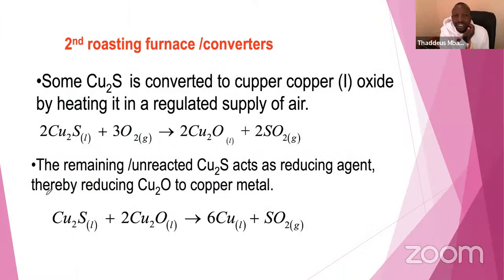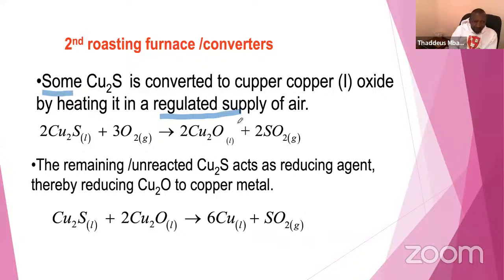So now we go to the second roasting furnace, which we also call the converter. In the second roasting furnace, we are also burning again. So we burn, and on burning, and the key word, you underline it, some copper 1 sulfide is converted to copper 1 oxide by heating it in a regulated supply of air.